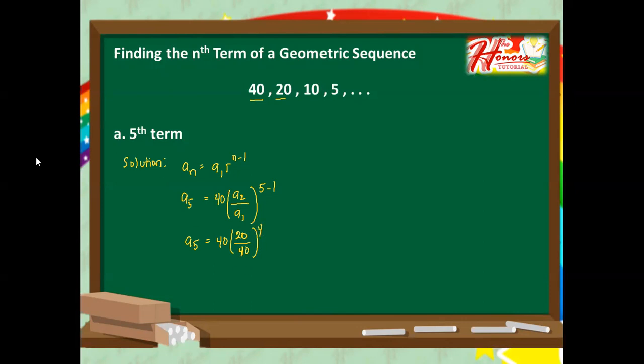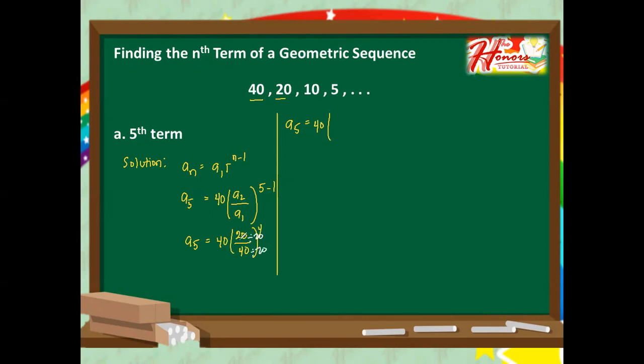Let's continue solving. So a sub 5 is equal to 40 times, think of a number that can divide 20 and 40 at the same time without remainder. We can use 20 here, right?